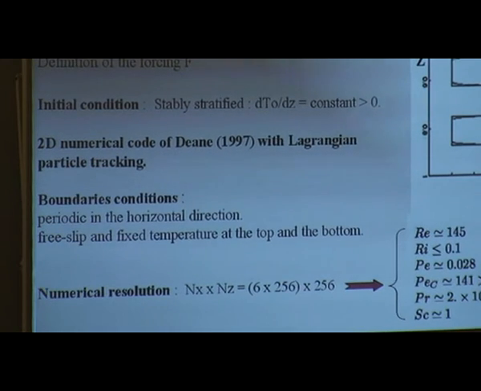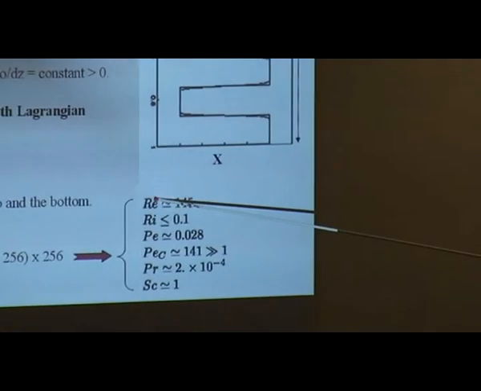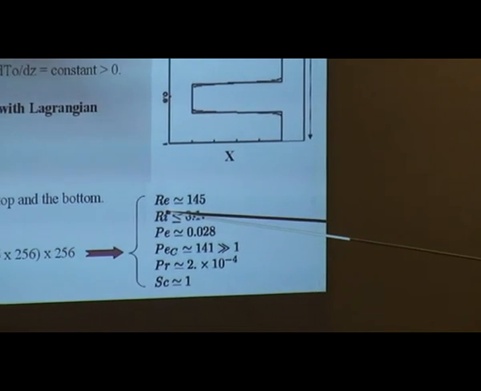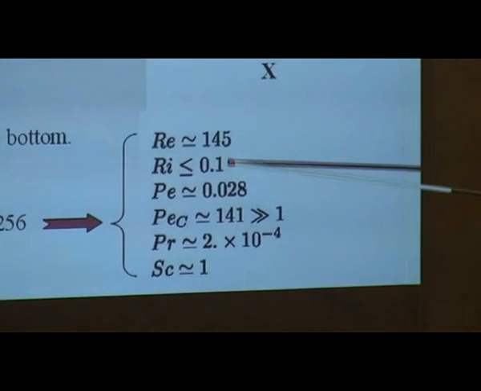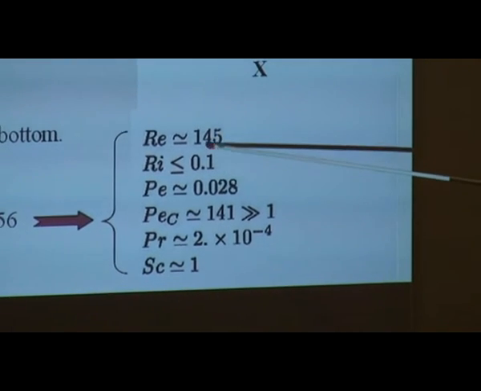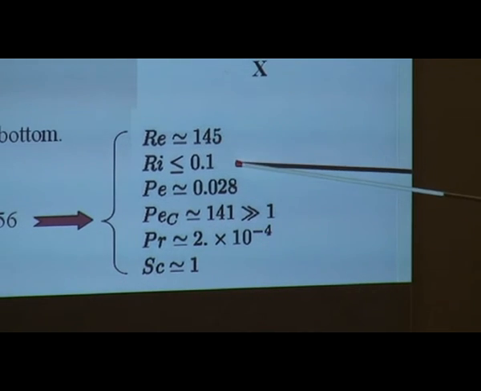Here you have the effective values of the parameters of our simulation. The Richardson number varies and stays under 0.25, which is the Kelvin-Helmholtz criterion. Our effective Reynolds number is around this value.